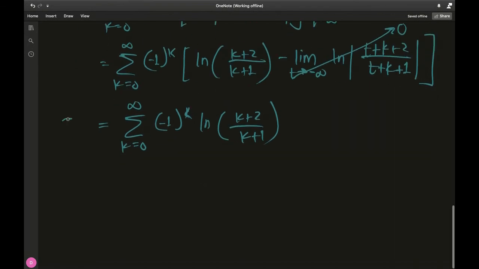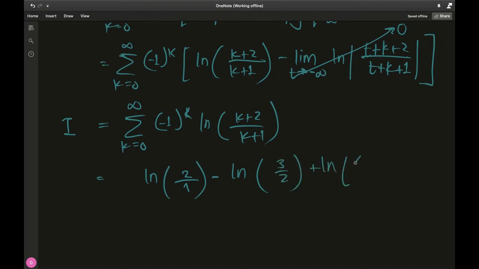Now let's write some terms. This is I. So when k equals 0, we just have natural log of 2 over 1, then minus natural log of 3 over 2, plus natural log of 4 over 3, and so on till infinity.